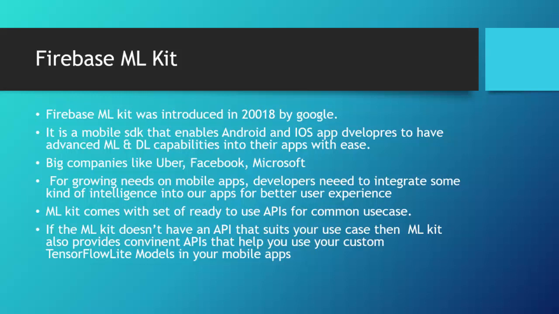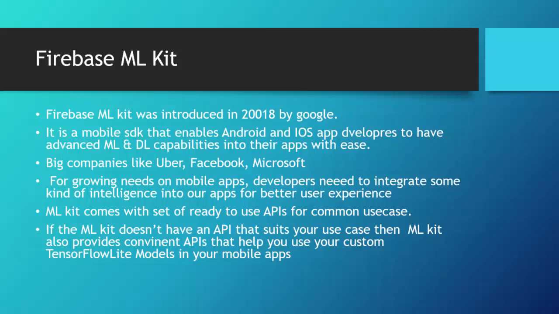Now, big companies like Uber and Facebook and Microsoft are using this ML Kit. Due to this, sometimes if you see Uber, if there is any traffic, or a large number of cabs are being booked from that area, then automatically the cost will increase, because of demand and supply.